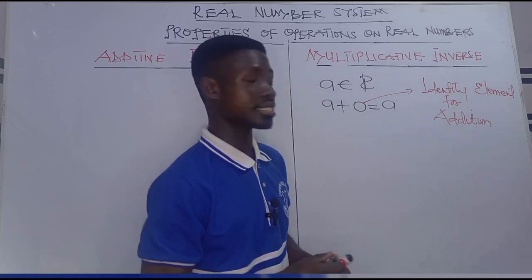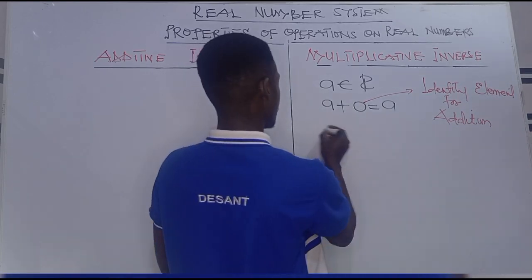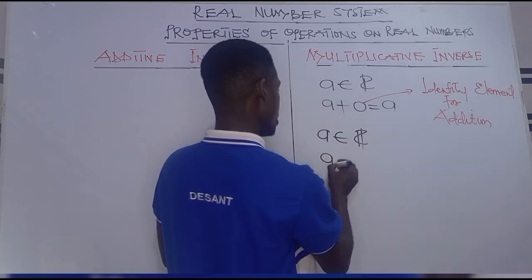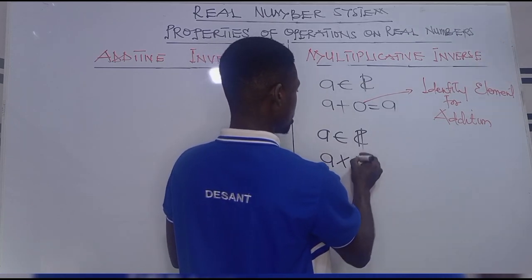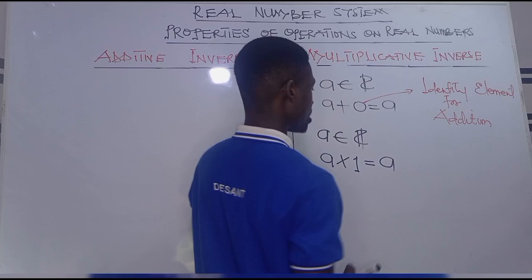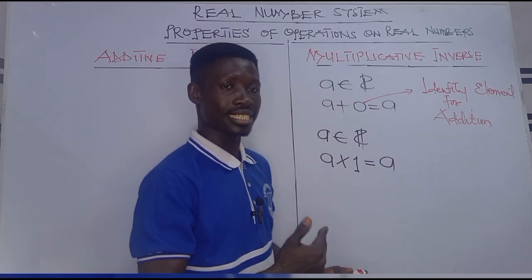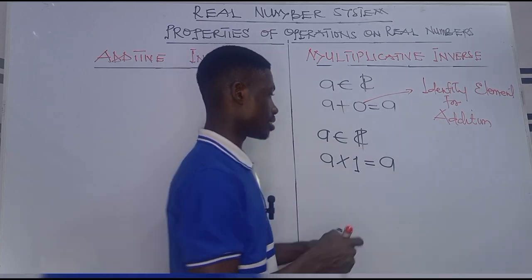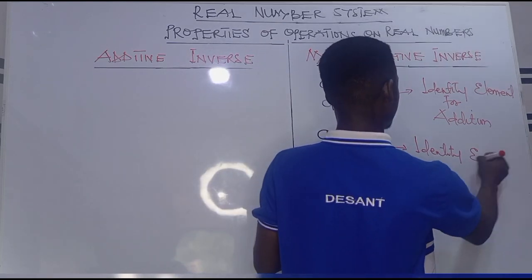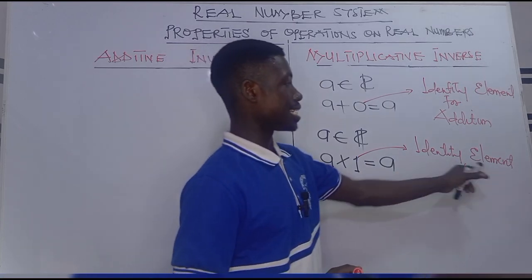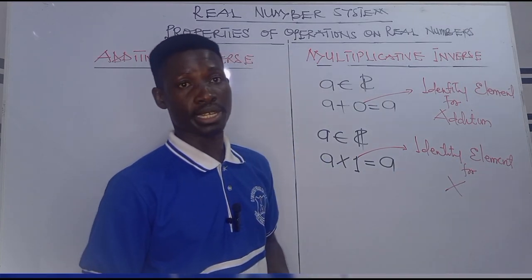We also learned that given that A comes from the set of real numbers, then A multiplying 1 gives back what? The original number A back. And 1 becomes the identity element for multiplication.